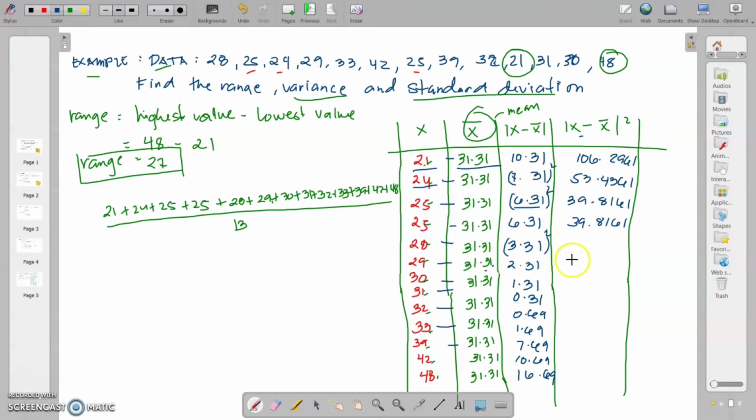Next is squared mo siya. So, 3.31 squared equals to 10.9561. Next is 2.31 squared equals to 5.3361. Next is 1.31 squared equals to 1.7161.